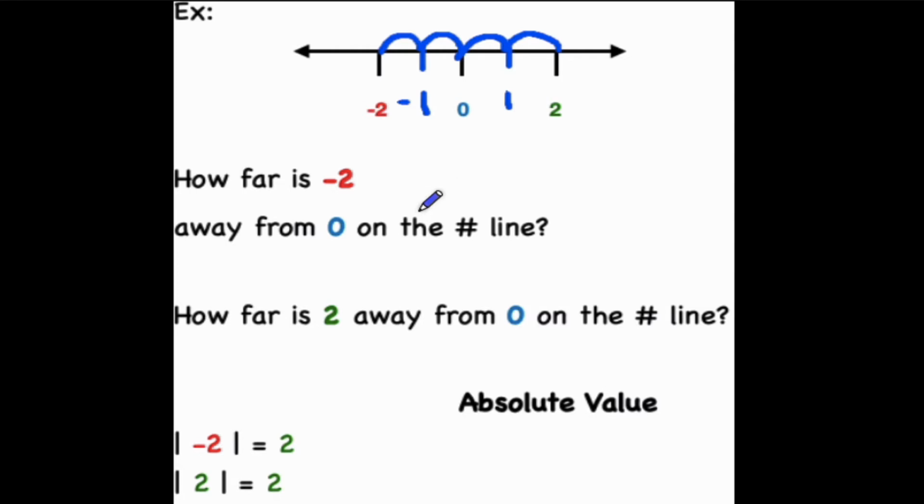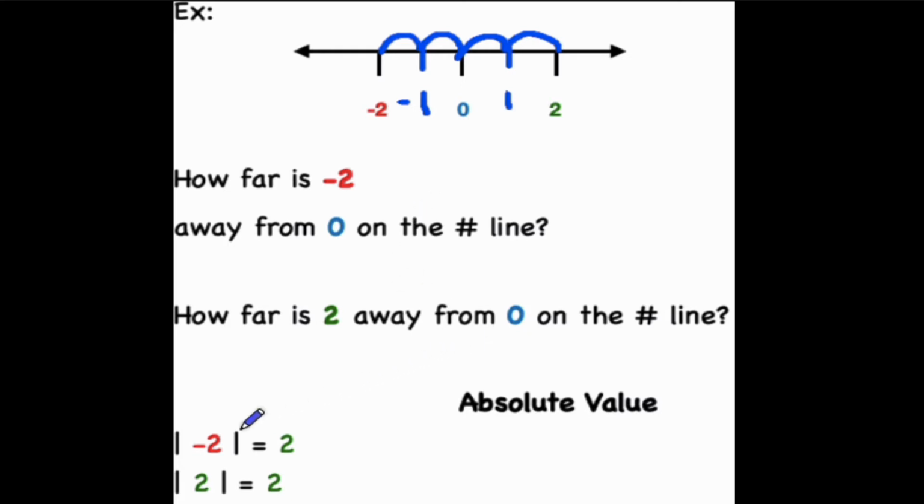Notice I did not say that is -2 units away, right? Because anytime we're talking about distance, we never use negative, it's always positive. For example, you won't ever say the bank is -2 miles away from my home, right? So that's what I meant by the absolute value is always positive or even zero.